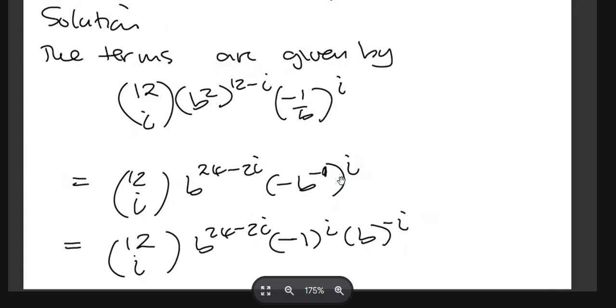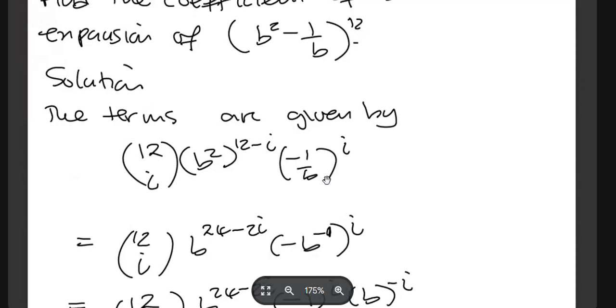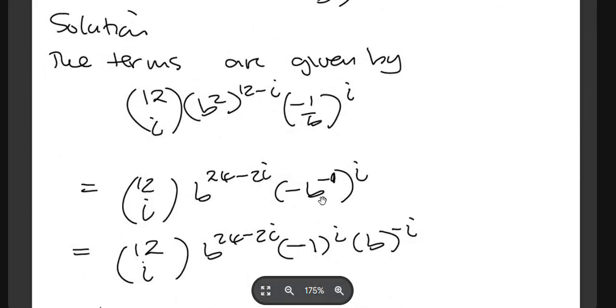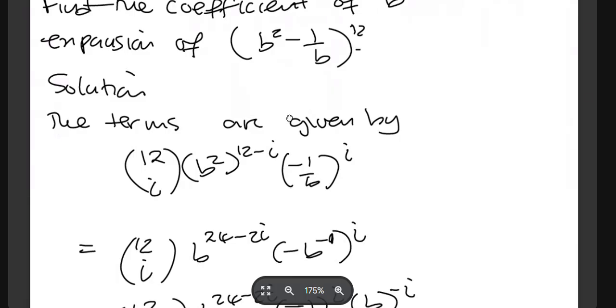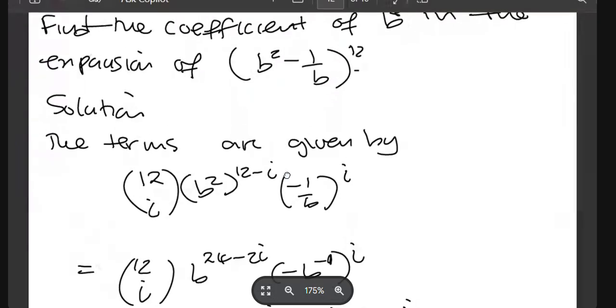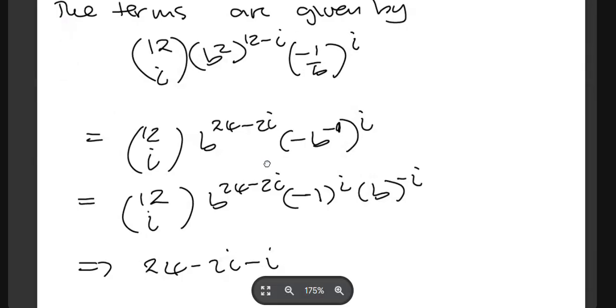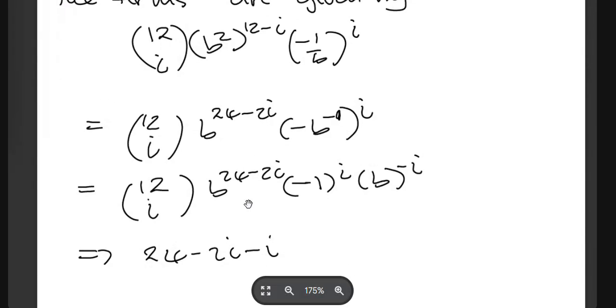You've seen what we've done? So now we are looking for a term where b has a power 6. So we're going to say this implies 24 minus 2I minus I equals 6. We've taken the power because it's b that we're interested in.